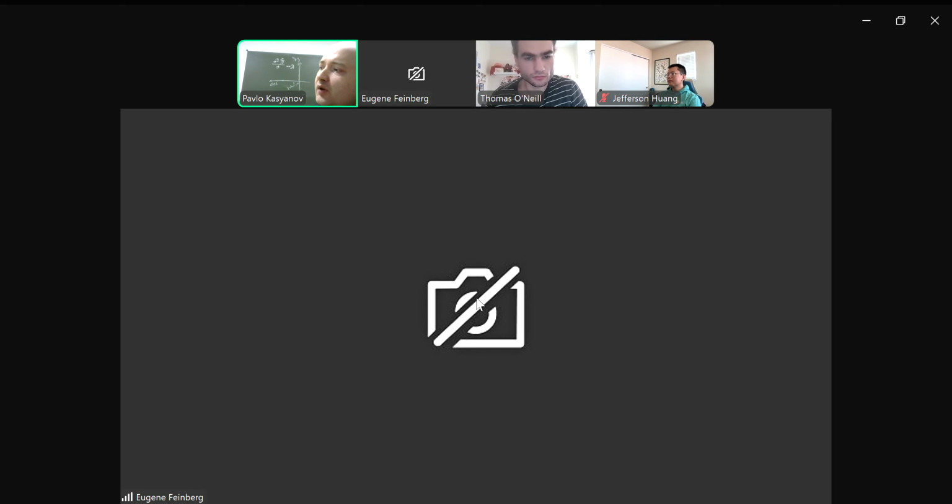I think one possible way to draw the optimal policy is to correct the picture that Thomas did. For example, if you have some optimal policy like this, you can correct it by hand.